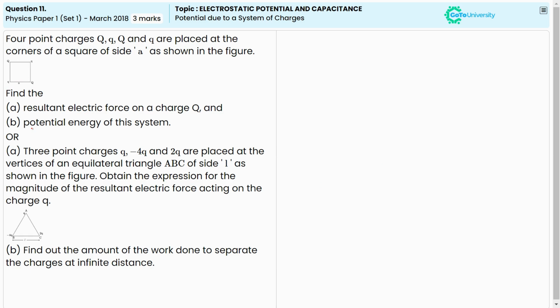Find the potential energy of this system.